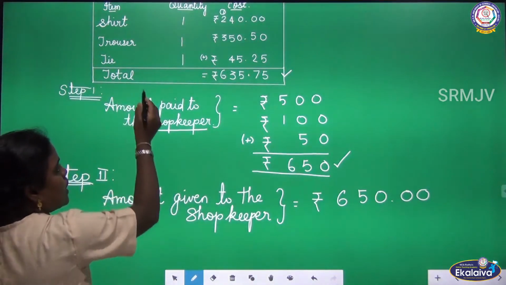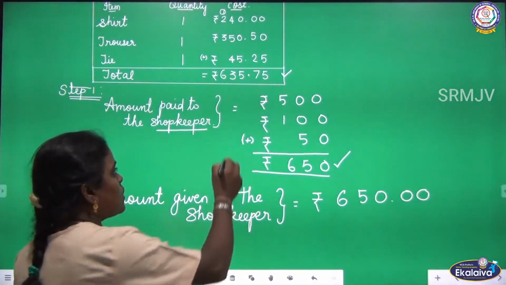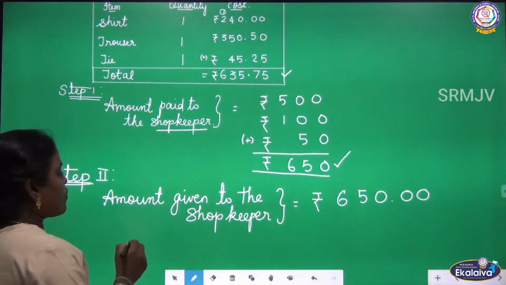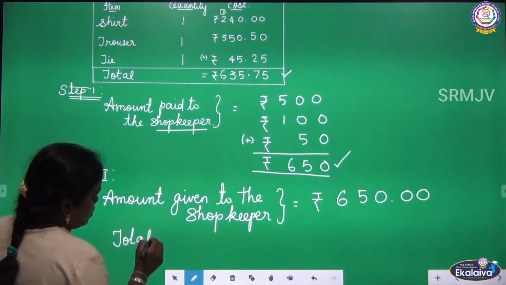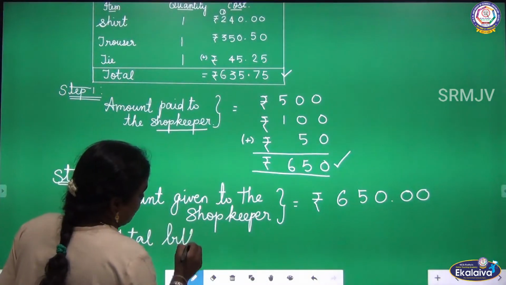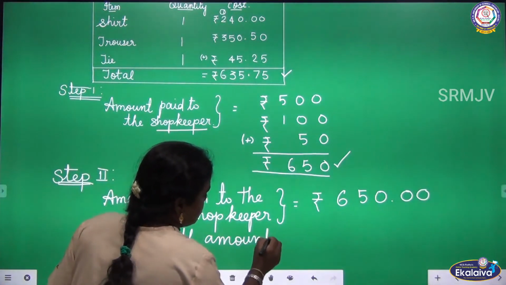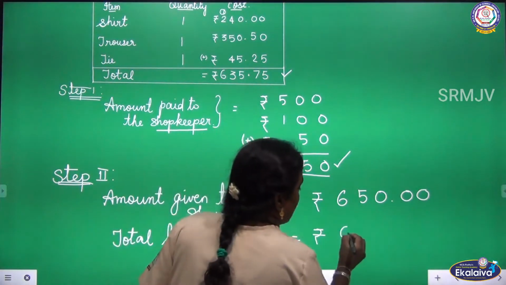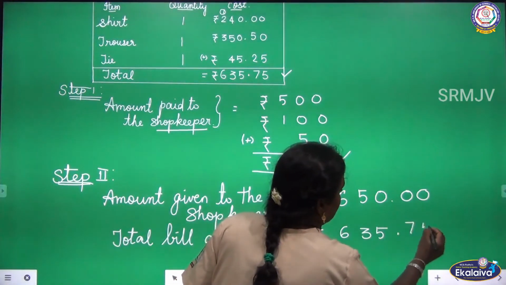Listen, the total amount of the things which he purchased is 635 rupees and 75 paise. Total bill amount. So, the bill amount is rupees 635 and 75 paise.